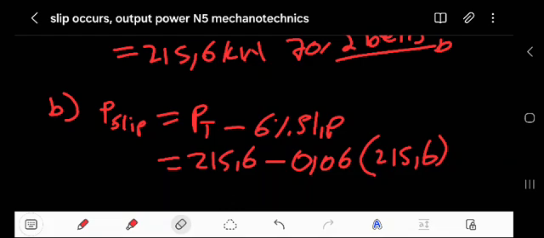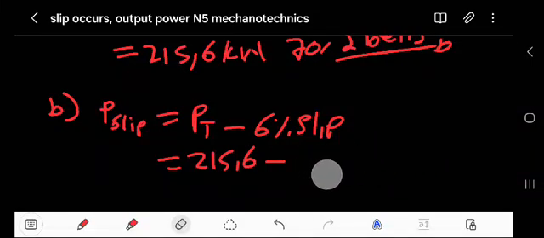You understand? Let me show you this slip. 6% is the same as 0.06, but this slippage is the same as total, the one.